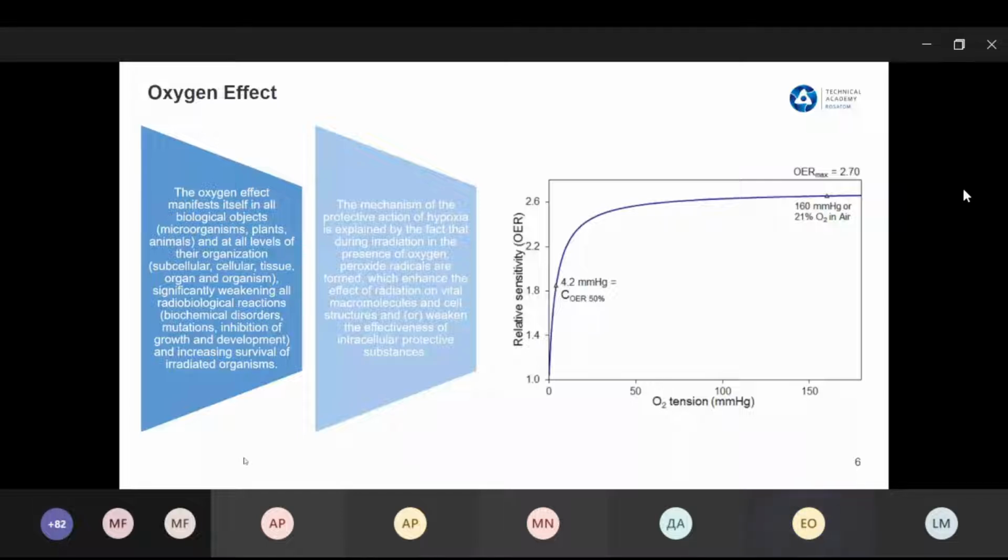According to these views, latent damage occurs in macromolecules during their ionization, which in the absence of oxygen does not in itself lead to a loss of activity, but being fixed by oxygen turns into obvious damage. As can be seen, oxygen is an effective radiomodifier; it has a radiosensitizing effect.